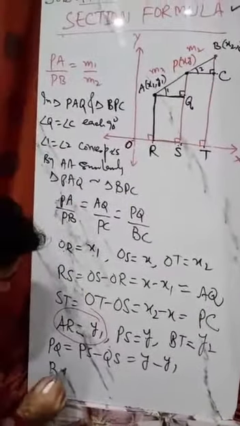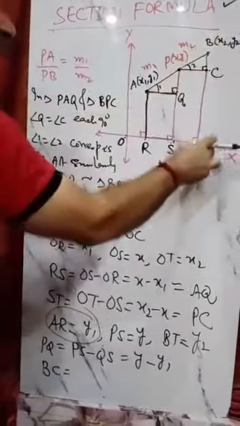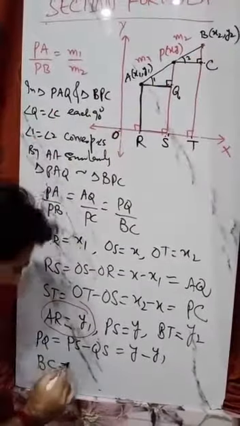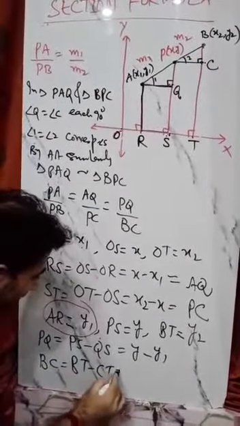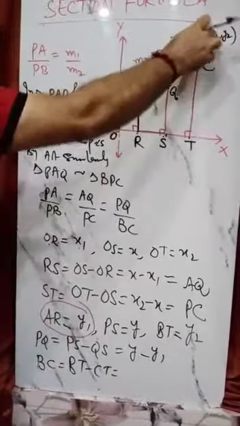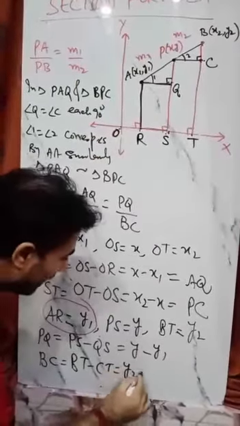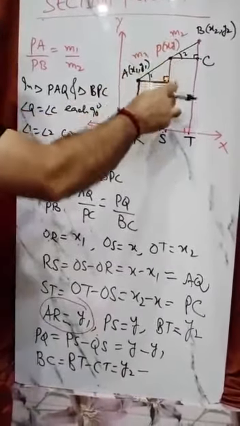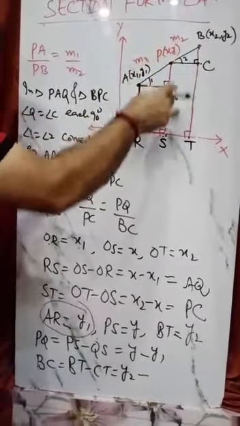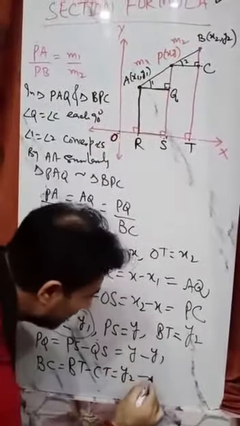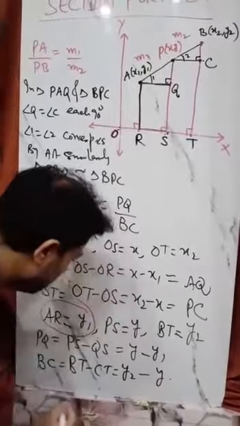BC is equal to BT minus CT. BT is y2, and CT is just PS, and PS is y. So BC is y2 minus y.